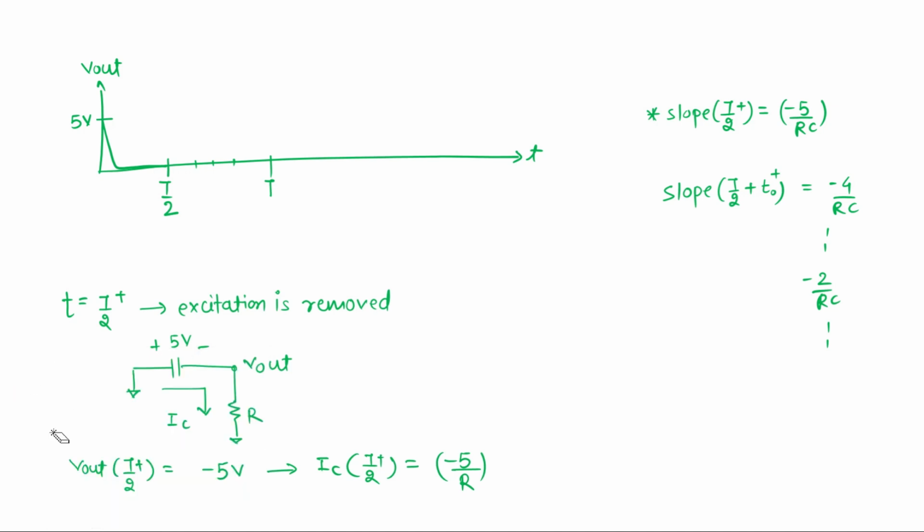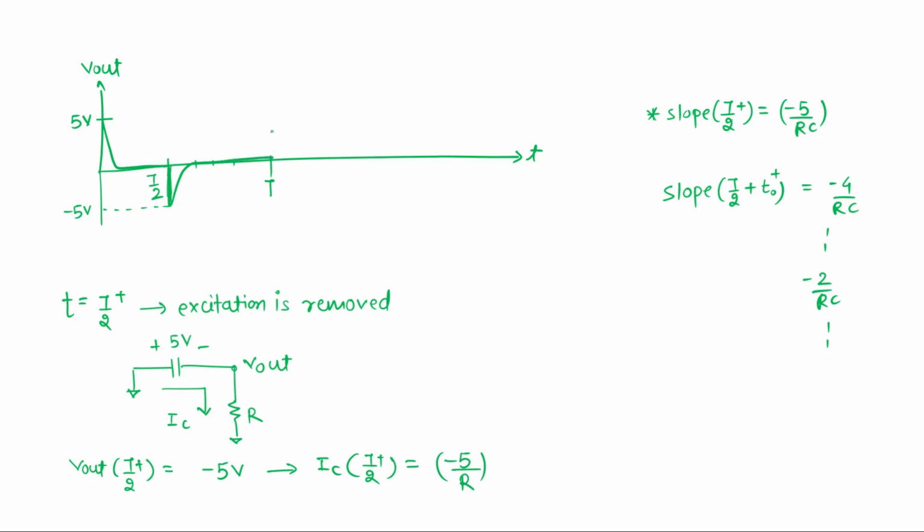I should say it like this. This is my T by 2. Here it will be minus 5 volt because excitation is not there, so the output is just the negative of my capacitor voltage. This is minus 5 volt. From minus 5, this suddenly reduces to this and again it will reach there.